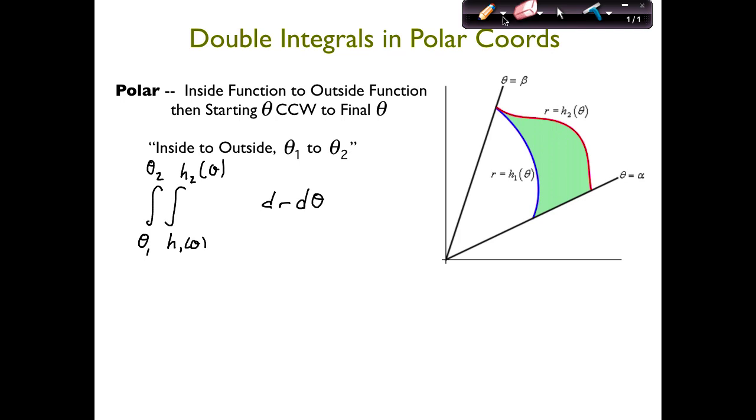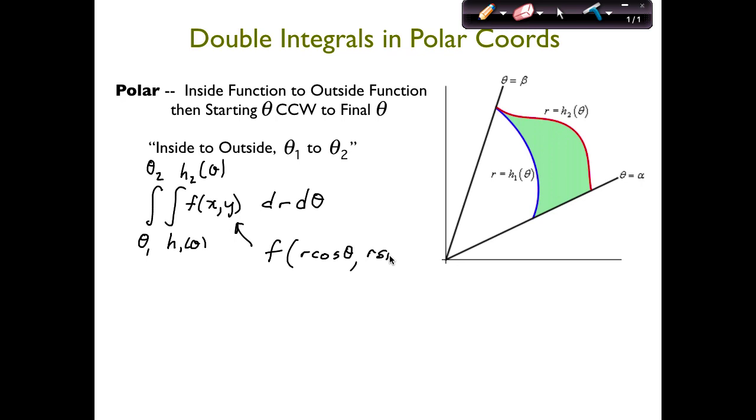So we have some function. If our function is a function of x and y, does that just become f of r, theta? What is x in polar coordinates? What is our x value? r cosine theta, right? Some people are saying it. And then y?